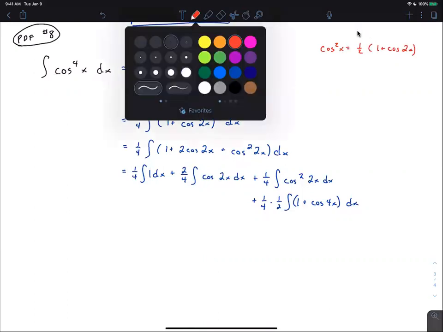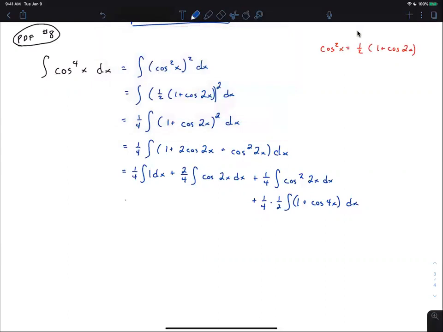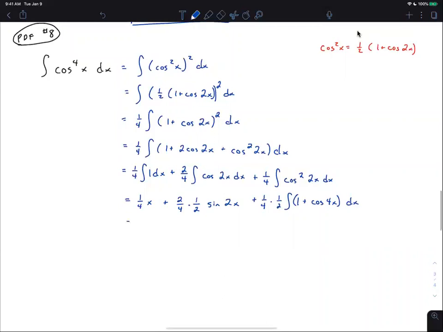And now I'm going to carry the other ones down. The integral of 1 dx is 1x. So we get 1/4 x plus 2/4. I'm going to leave that just so it's clear if you're looking later what's going on. But it's 2/4 times 1/2 sine of 2x, and then plus this last part. Now that's 1/4 x plus 1/4 sine of 2x, because we get 2/8.